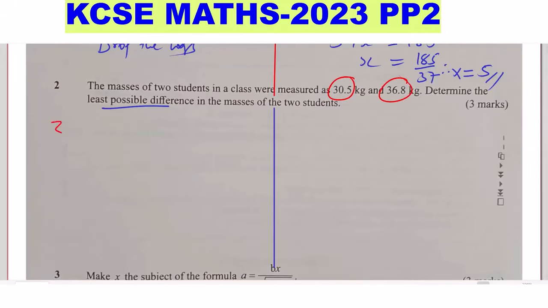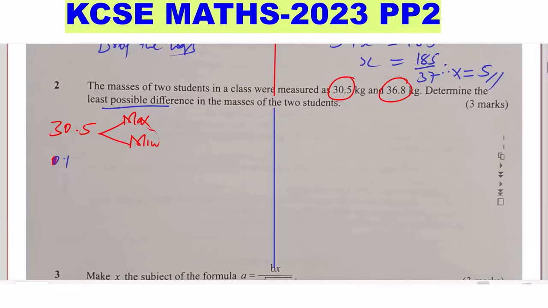So for 30.5, this one will have the maximum and the minimum. So how do you get the maximum? The limits under which 30.5 lies. The smallest unit of measurement in 30.5 is 0.1.